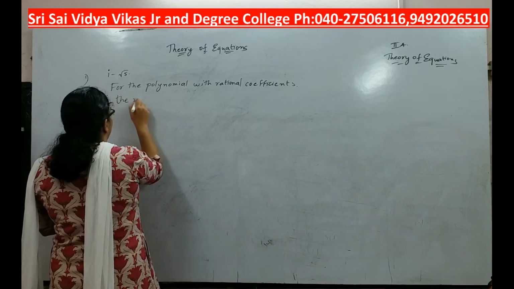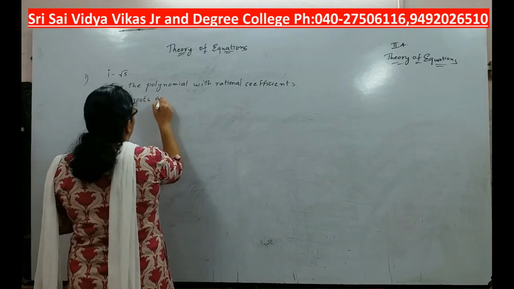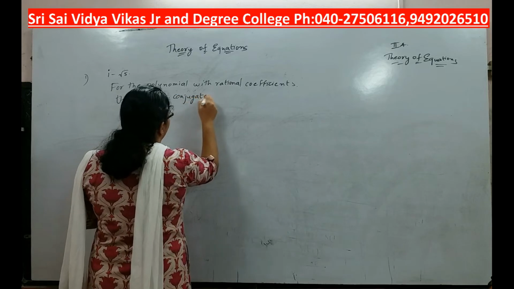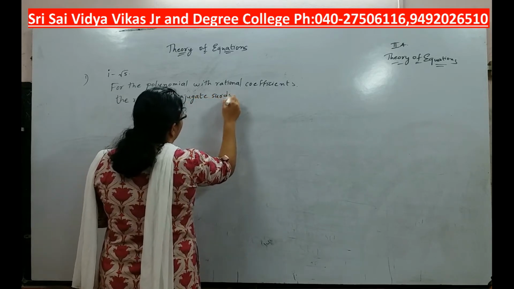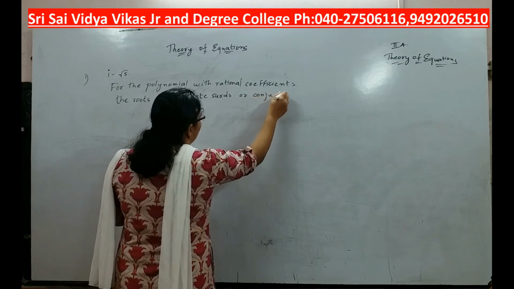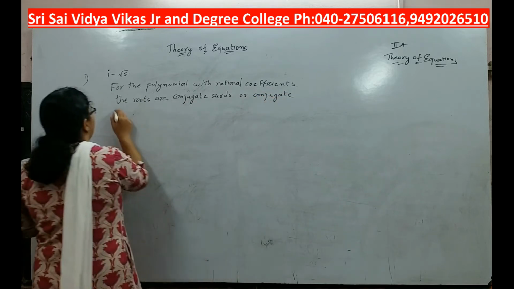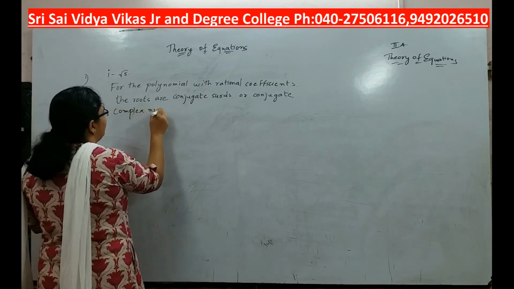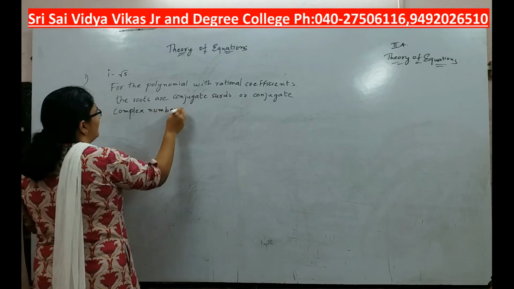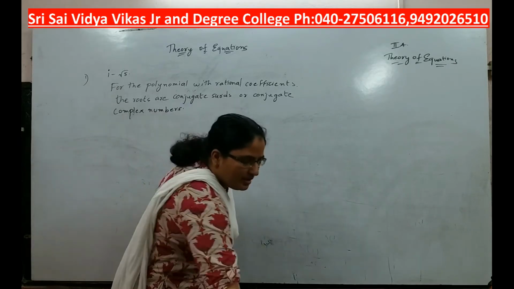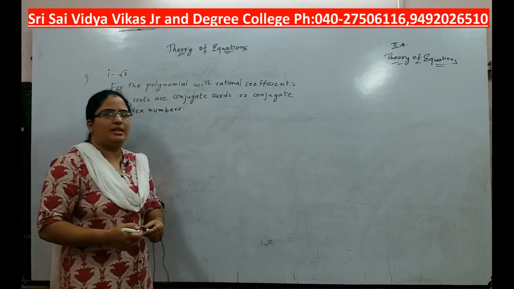The roots are conjugate surds or conjugate complex numbers. That is, whenever they mention rational coefficients, if one root is given, we can find the other three roots.